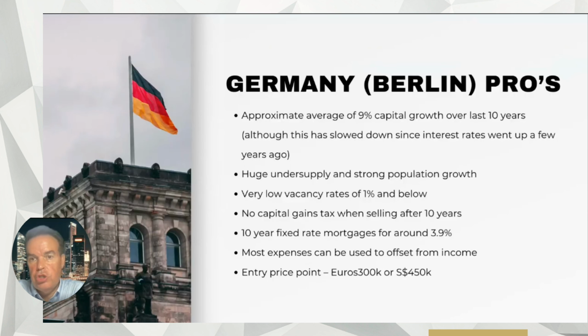Now, Germany is the strongest economy in Europe, and Berlin is the capital city and the second largest city in Europe. But prices of property in Berlin, compared with other major capital cities in Europe, are significantly lower, partly because of the dynamics of what happened during the communist times.